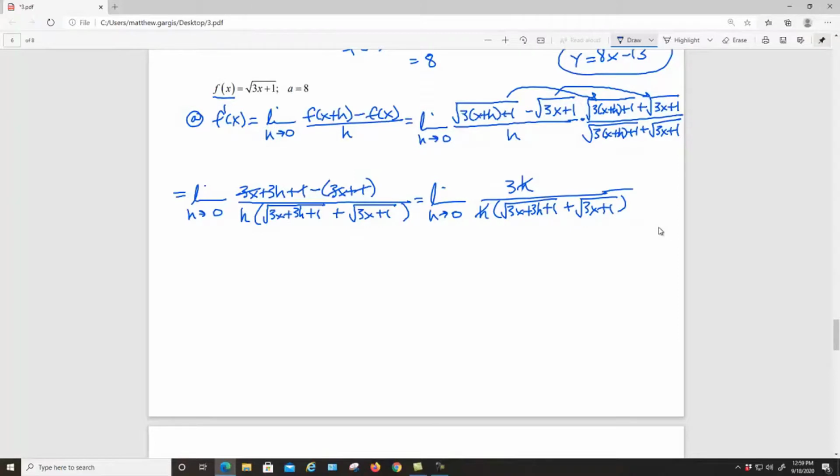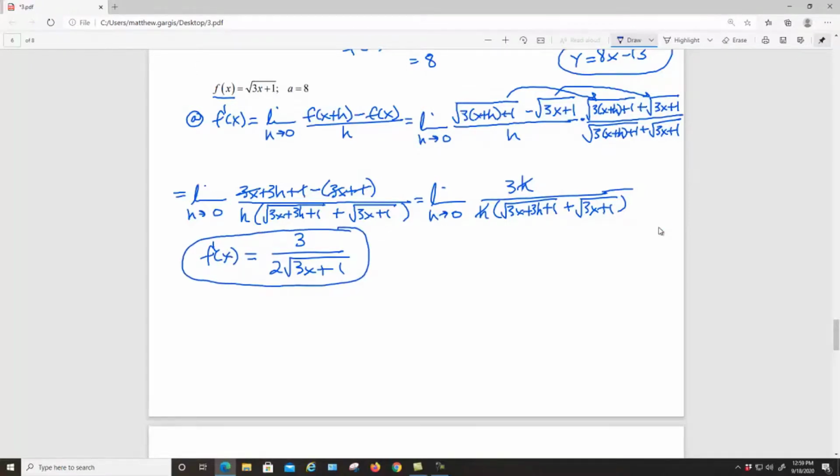And then now I can plug in 0 in the place of the h. So I would get root 3x plus 1 plus root 3x plus 1, which would give me 2 root 3x plus 1. So that derivative function would be 3 over 2 times root 3x plus 1. Okay, so that would be my derivative function.